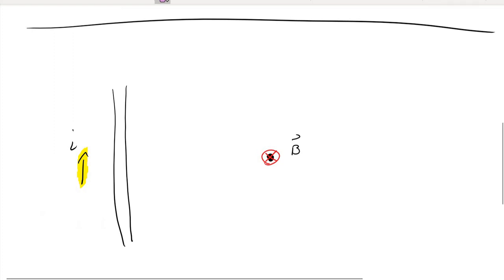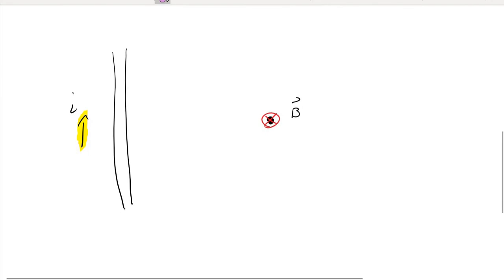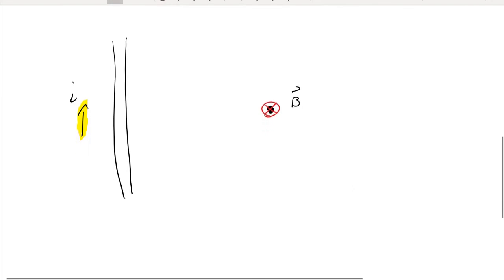And now we want to see if we can fashion some kind of mathematical expression that will tell us what we're going to get. Magnetic field is a vector, so we will need to be careful about any components that show up within the math.